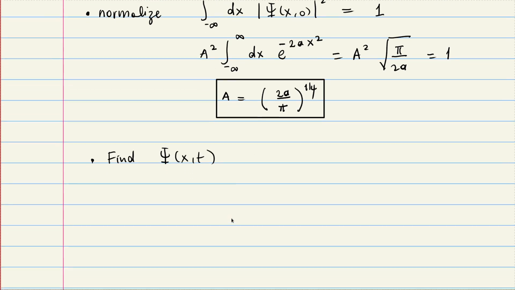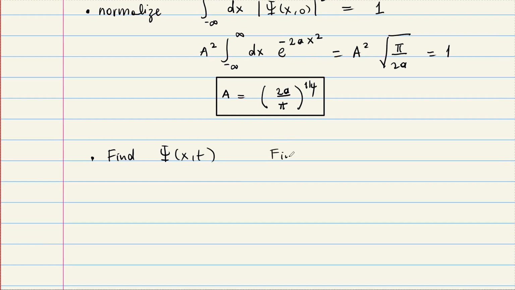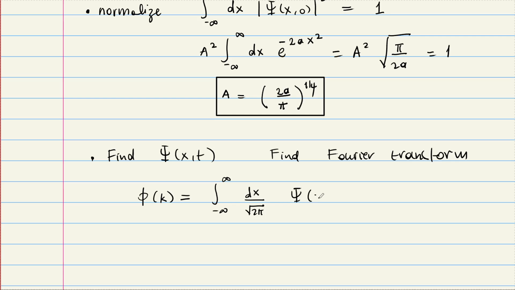So let's first find the Fourier transform. Phi of k is equal to the integral from minus infinity to plus infinity dx over 2 pi psi of x comma 0 e to the minus i k x.